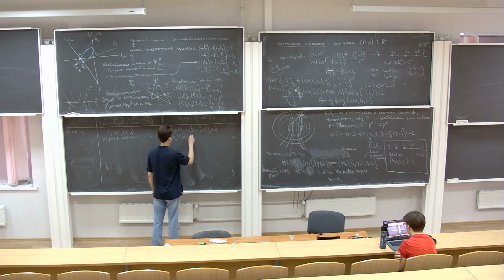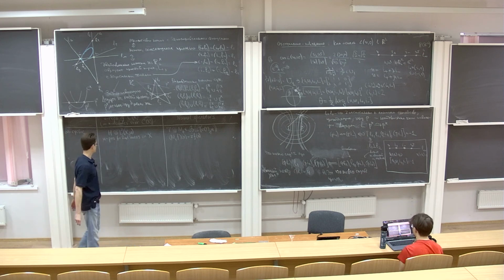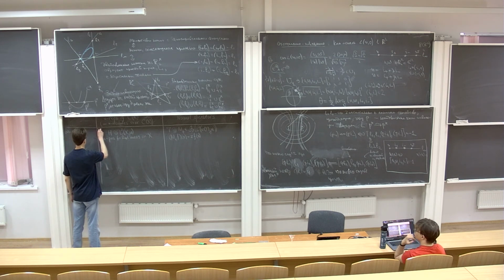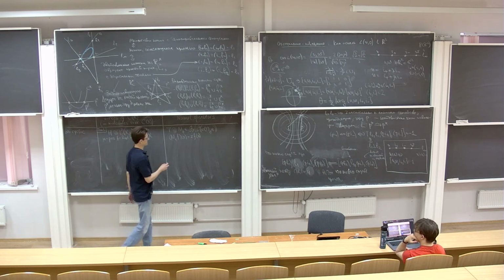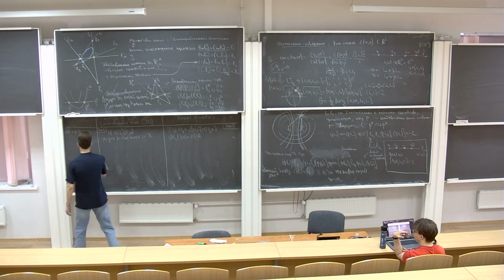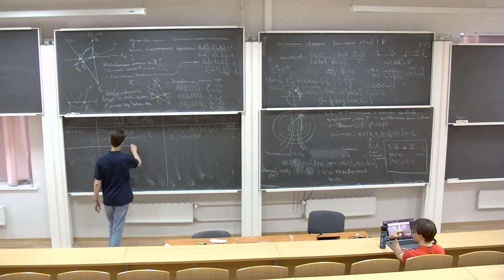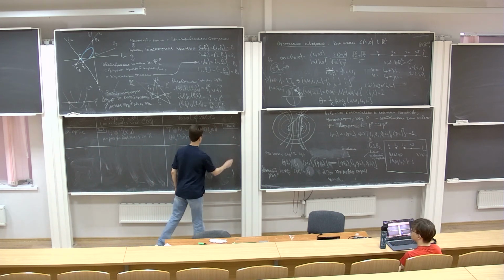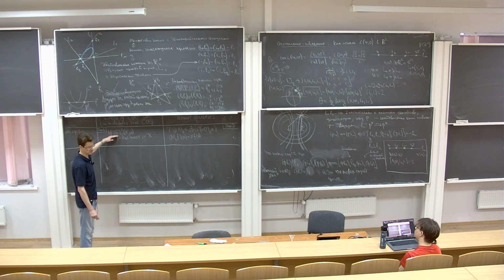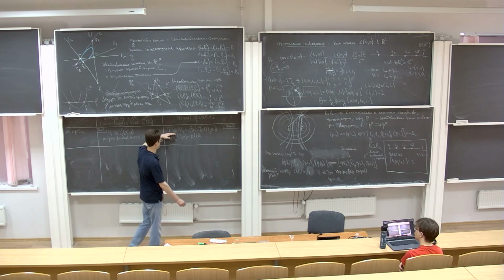So it acts by the following formula. If I'm not mistaken, this was theorem 1 at the previous lecture, and this corollary was theorem 2. Okay, this is already done. These are the functional models for a star cyclic module over C of X and for a star cyclic normal operator.